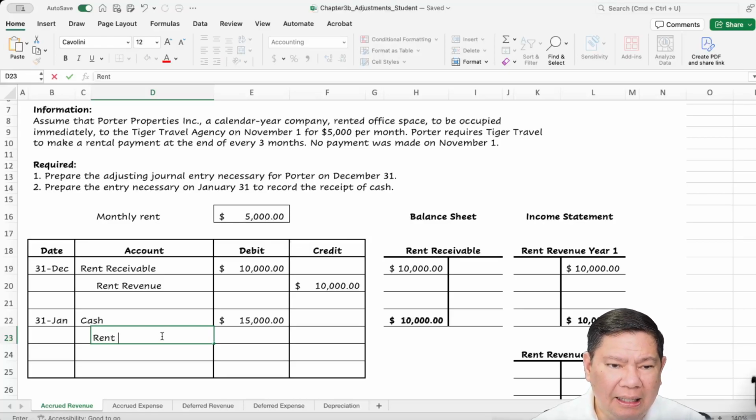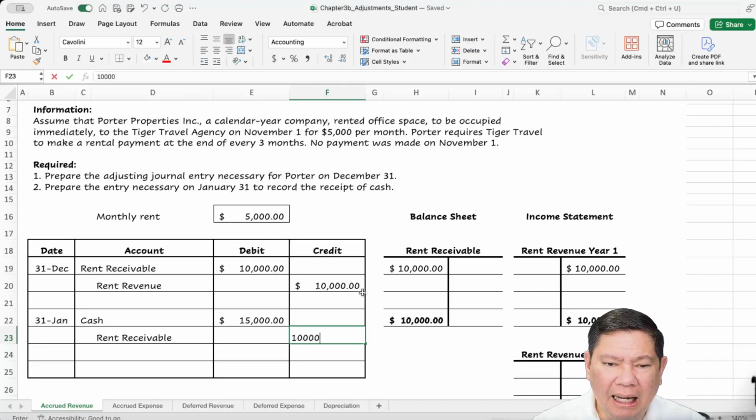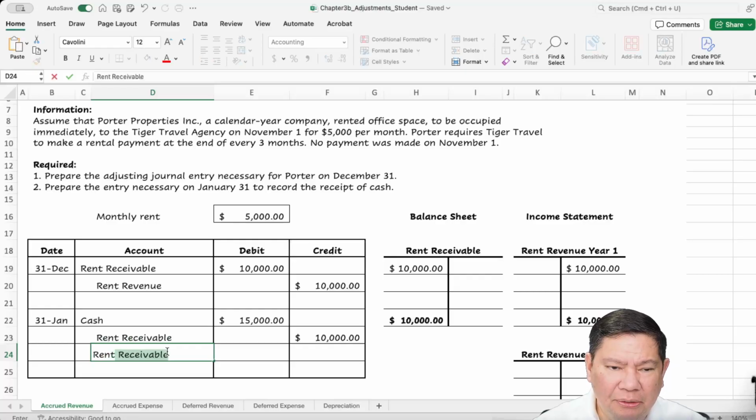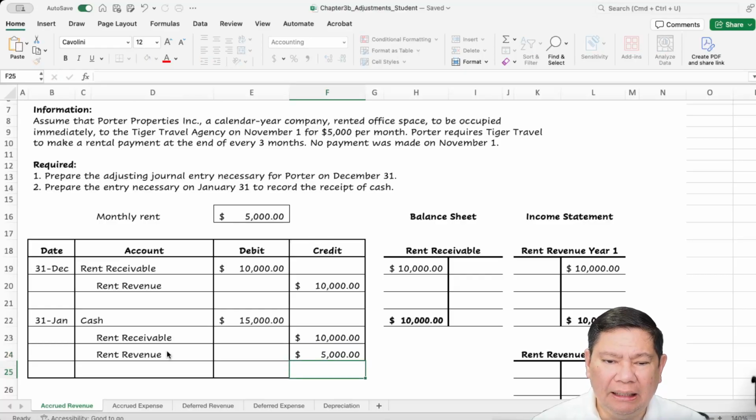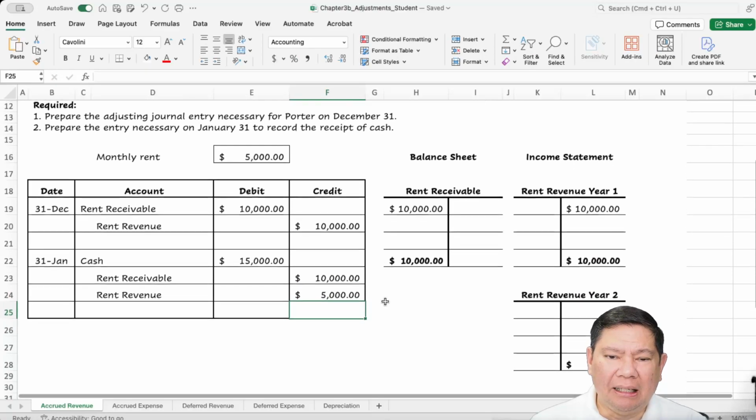So rent receivable is gone, $10,000. And we have to recognize rent revenue for January, which is only 1 month, $5,000 to be recognized.